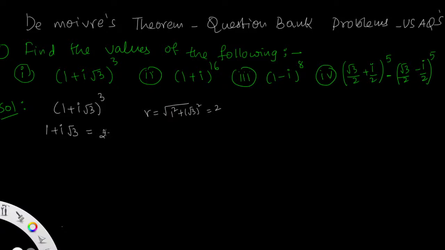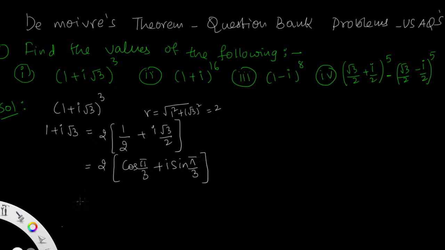So I multiply and divide with 2, giving 2 into 1 by 2 plus i root 3 by 2, because we are converting into Demoivre's form. That is 2 into cos pi by 3 plus i sin pi by 3, in short form 2 cis pi by 3. This is for 1 plus i root 3.